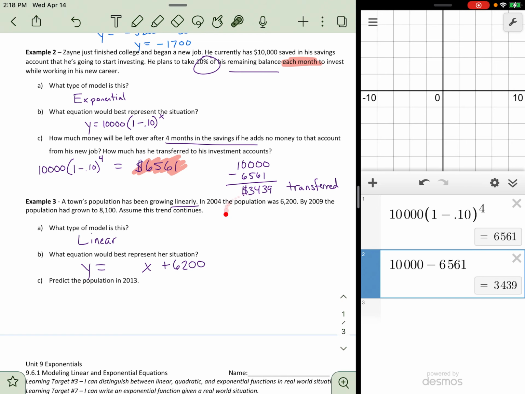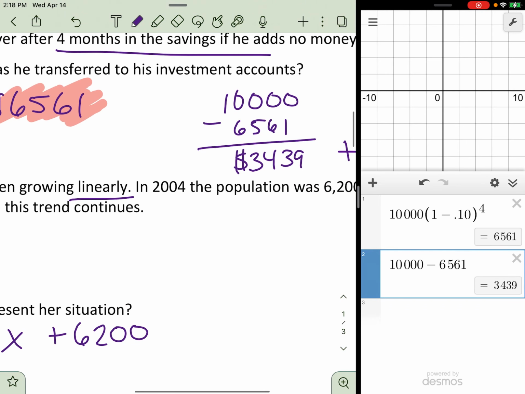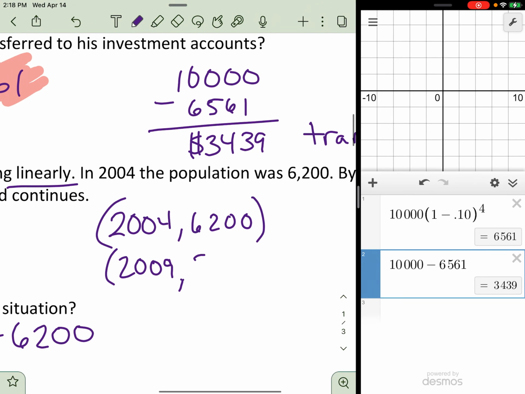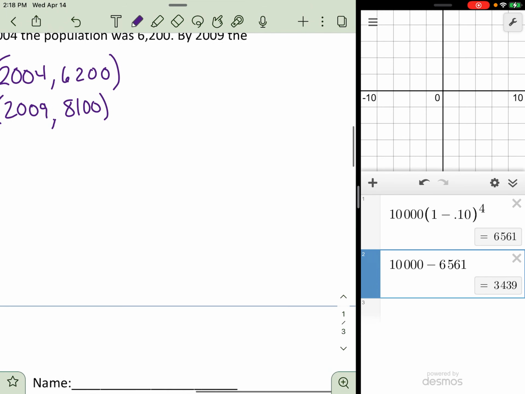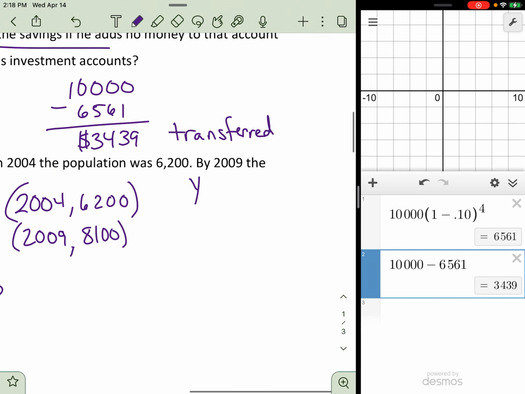But as you look, 2004, 6,200, well, that's a coordinate point, right? So is 2009 and 8,100. So a little trip to the memory bank tells us that in order to find the slope of 2 points, you take the second y value, subtract it from the first, or the opposite of that, right?